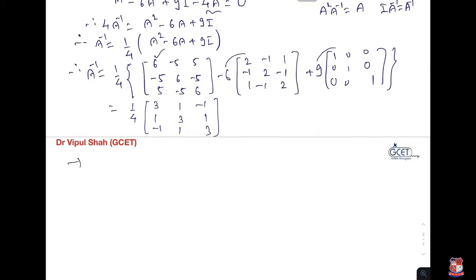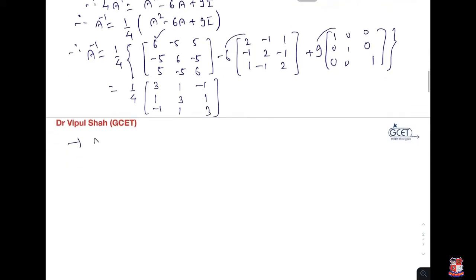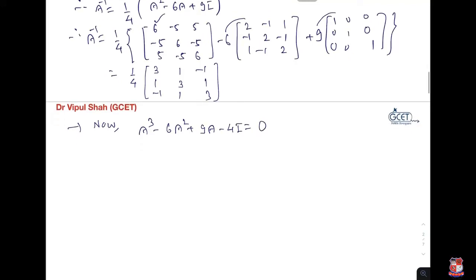Next we want to find A power 4. So again, A cube minus 6A square plus 9A minus 4I is 0 matrix.